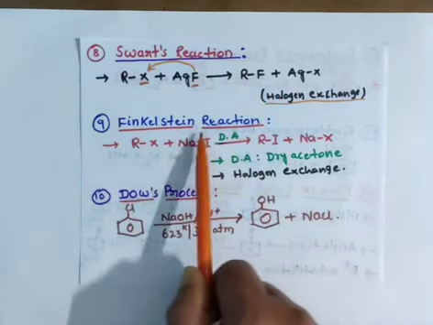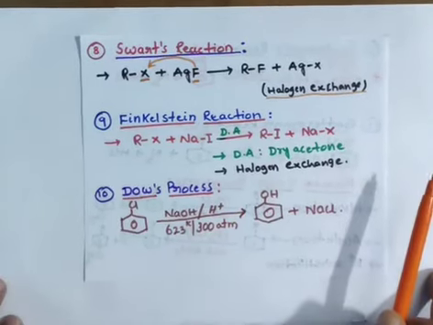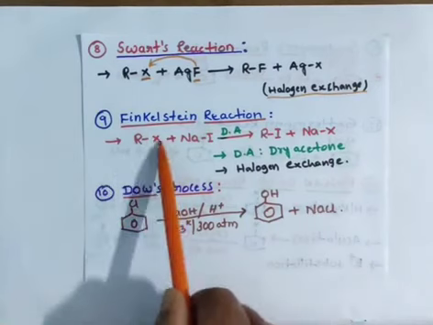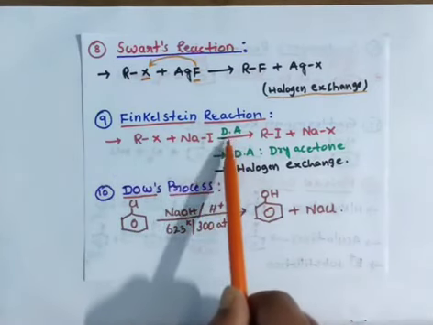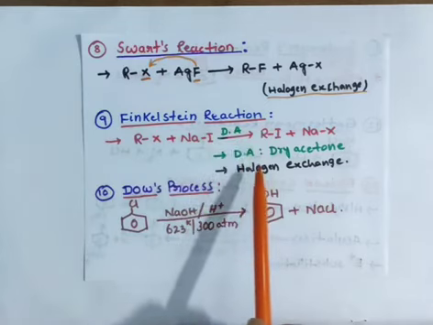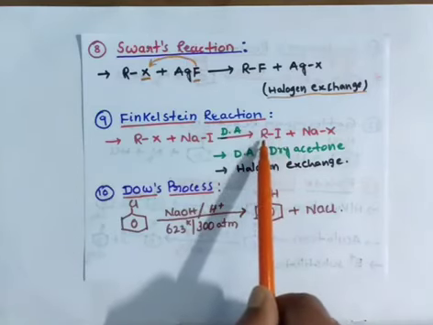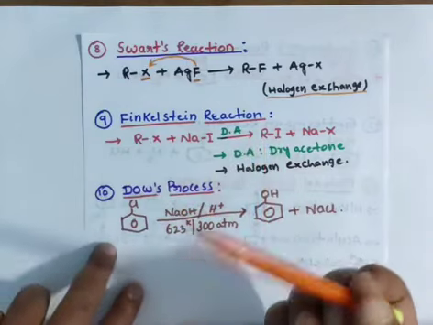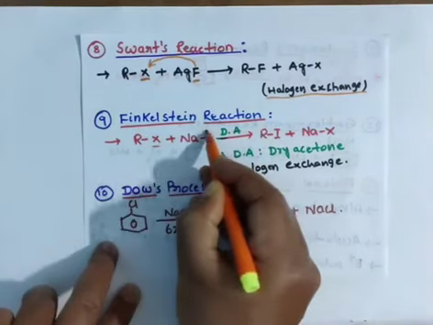Next, Finkelstein reaction, which is very important for board level and competitive exams like JEE Mains. Here haloalkanes are treated with sodium iodide in the presence of dry acetone, and this is also a halogen exchange method. You are getting RI, iodoalkanes. This reaction is only for iodoalkanes. Here also this halogen X is replaced by iodine.